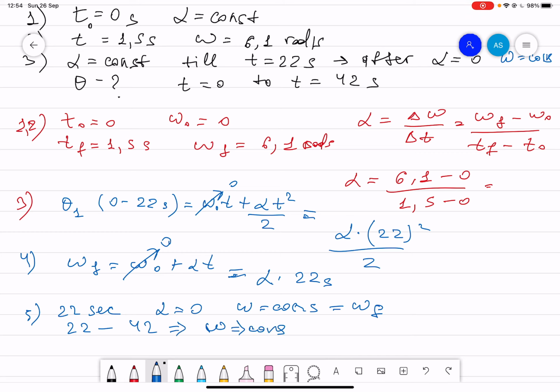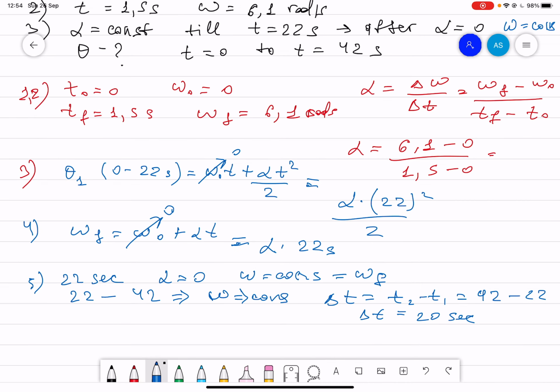So what will be the delta t here? Delta t will be t2 minus t1, which is 42 seconds minus 22 seconds, which gives you 20 seconds.